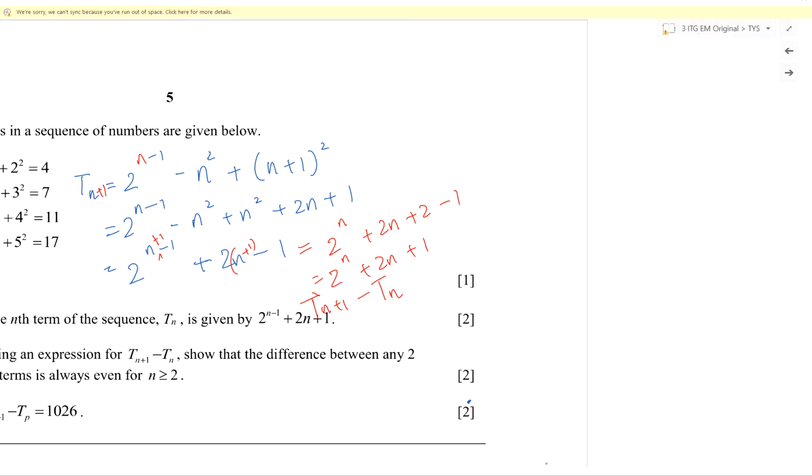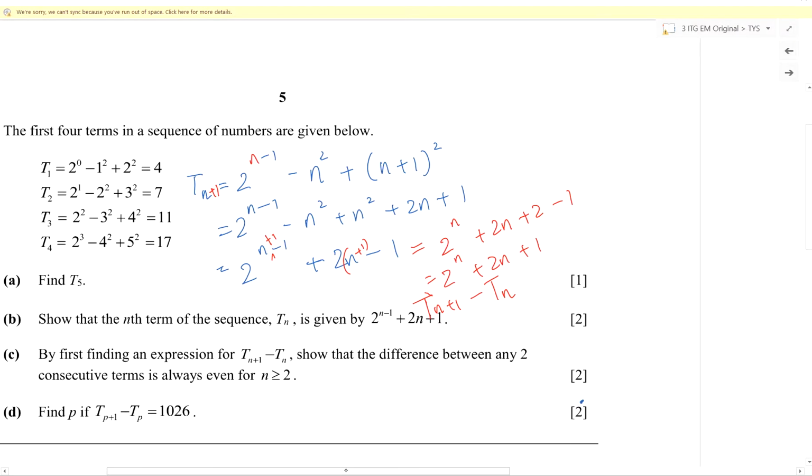Why would it be? Your Tn, oh, this one. Oh, thanks. Okay, so many careless mistakes. So this is plus 1. Thanks, Shenzhuo. So this is plus 3. Correct? Okay, now it should be correct.